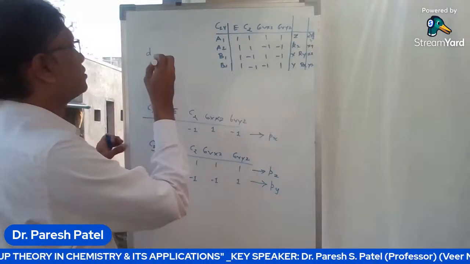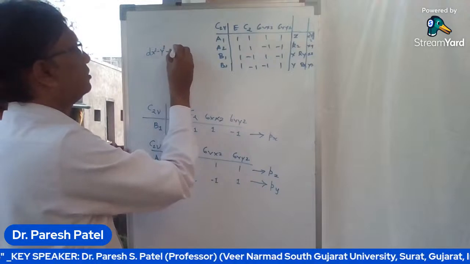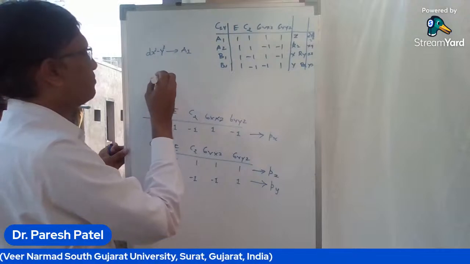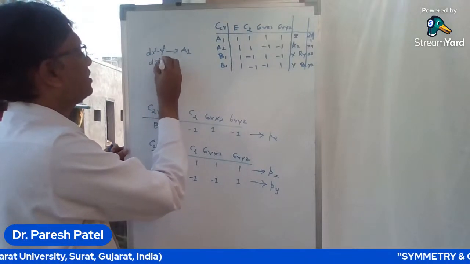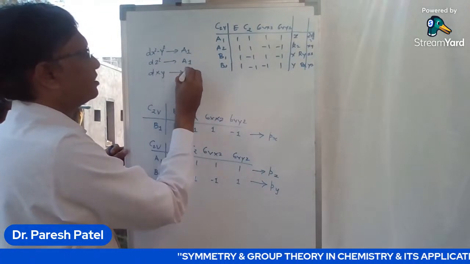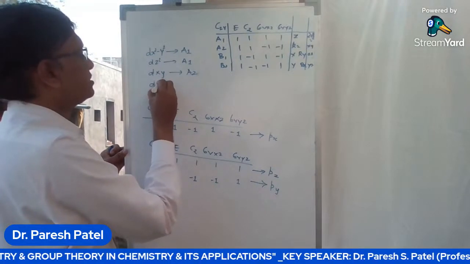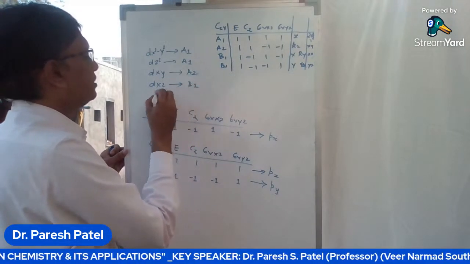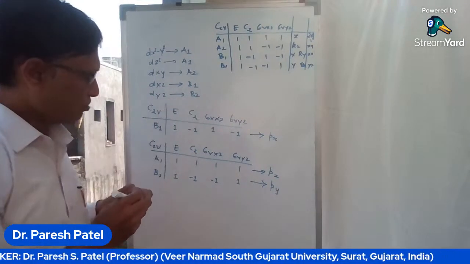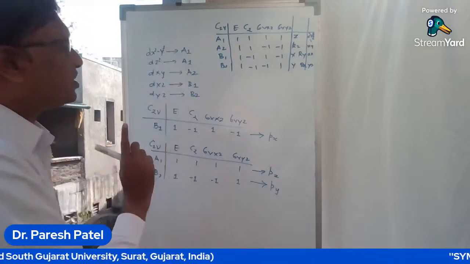So dx square minus y square, this is the contribution from dx square minus y square. It corresponds to the A1 irreducible representation. Again, dz square is also in the A1 irreducible representation. Then dxy is the contribution from A2, dxz is B1, and dyz is B2. So these are known as the transformation properties of p orbitals and d orbitals.